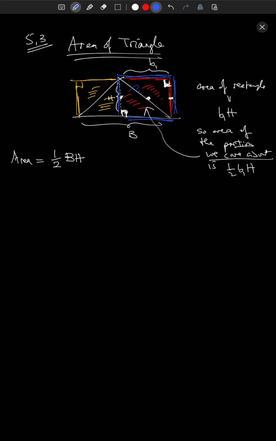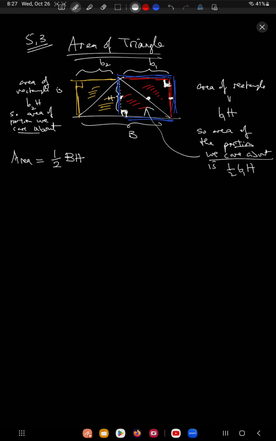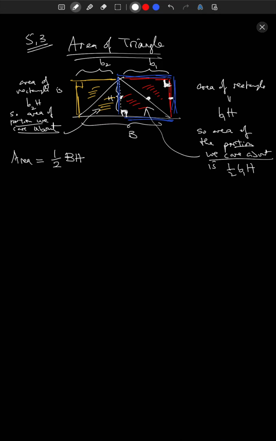And the area of the rectangle is, if I call this guy B2, B2 times H, right? But that's equal to, so let me write it like this. So area of the portion we care about, and that would be this guy right here, is half of that, right?